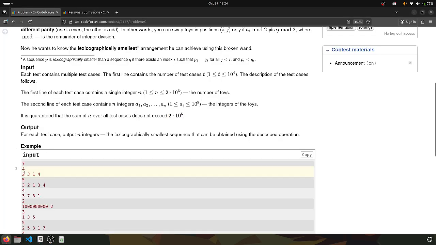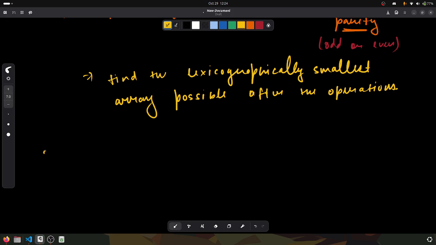So let's see the test cases. The first test case is 2 3 1 4. Since we need to make the lexicographically smallest possible array, right? Lexicographically smallest is nothing but alphabetically smallest.